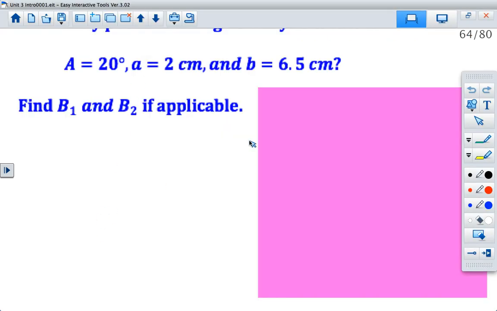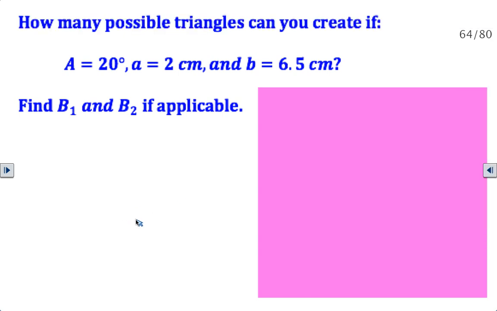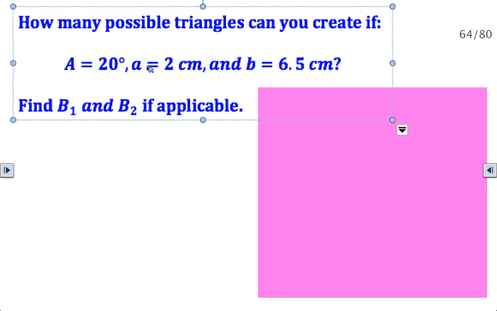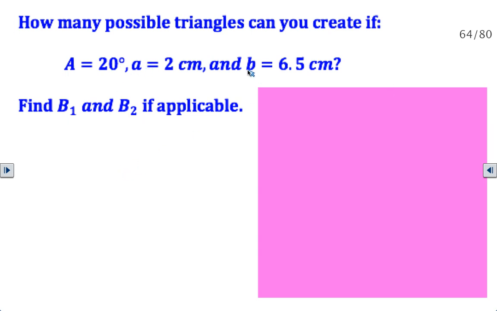Let's see, how many possible triangles can you create if angle A is 20 degrees, side A is 2 centimeters, and side B is 6.5 centimeters? In order to answer this question, you first have to assume that you can make 2 triangles, and you need to find B1 and B2, and then analyze those angles and see if it will actually work.